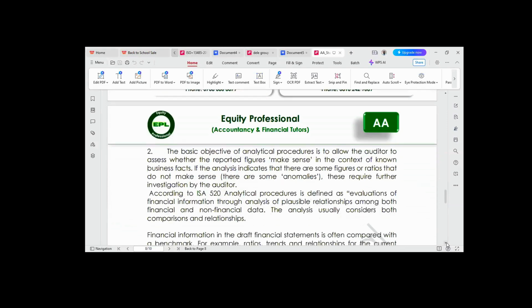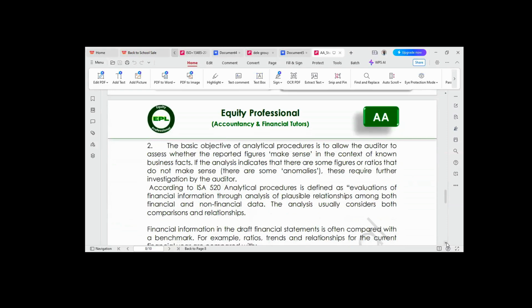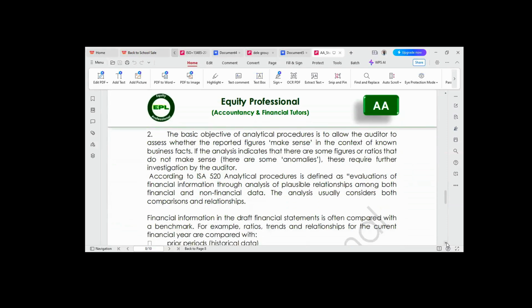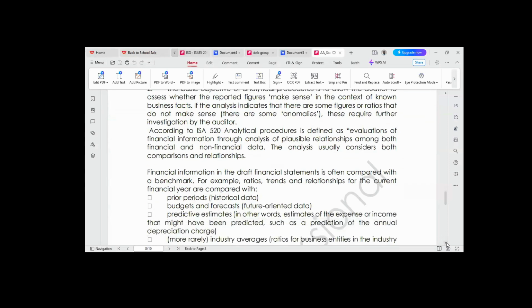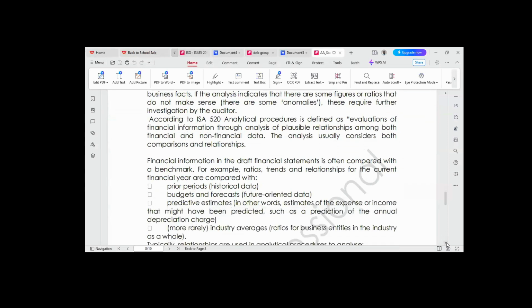You can see the second objective is to ensure that the reported figure makes sense in the context of known business facts. That is, you're able to establish that you don't have a risk of material misstatement. That's another reason why you perform what we call analytical procedures. And look at some of the things you'll be looking at. I've already explained all of this.